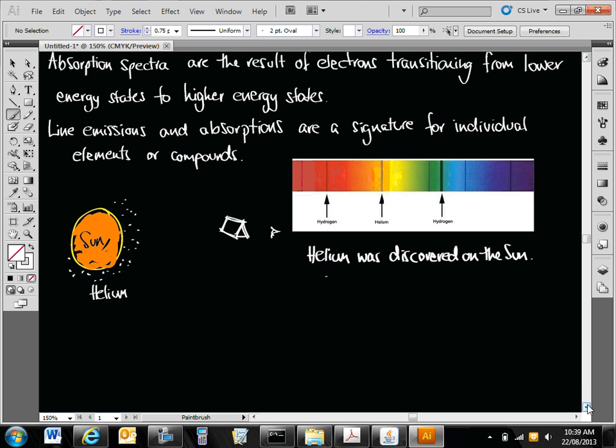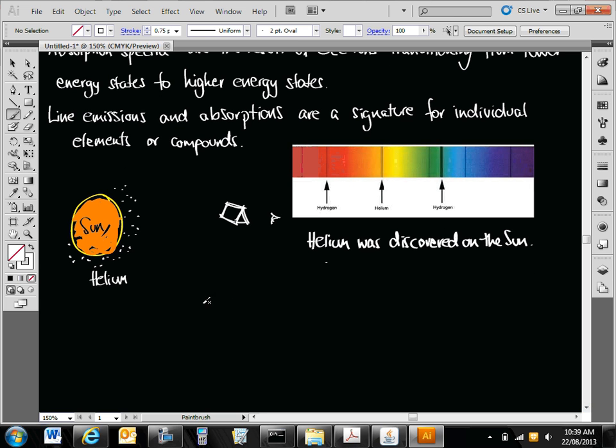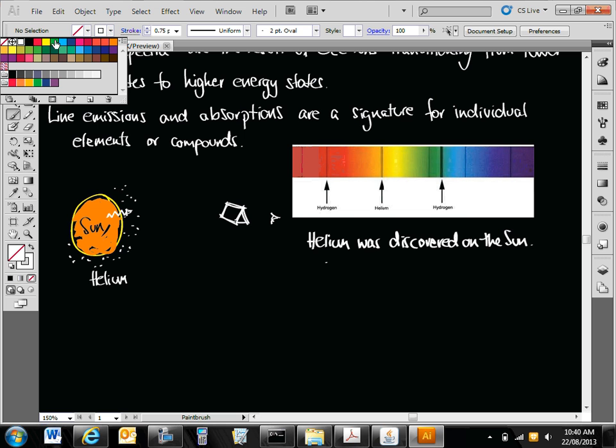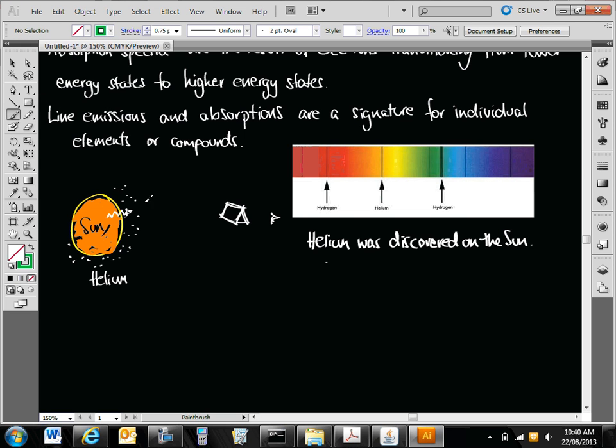Okay. Why does it do that? It's because as the white light came out of the sun, everything else was there afterward.